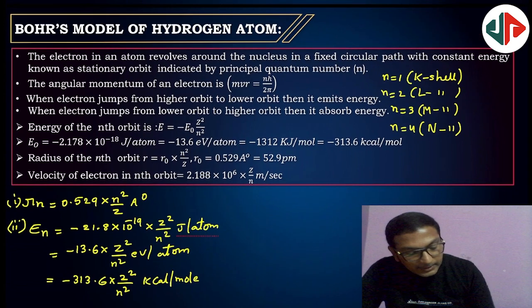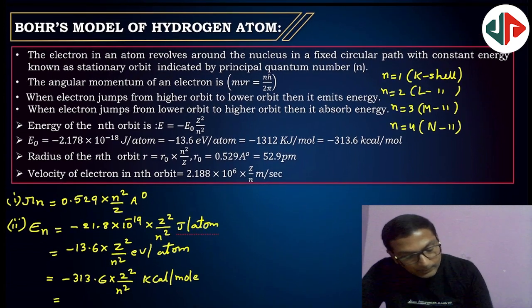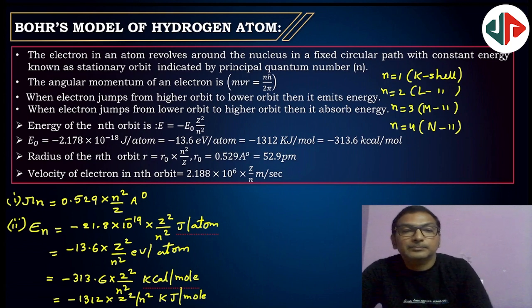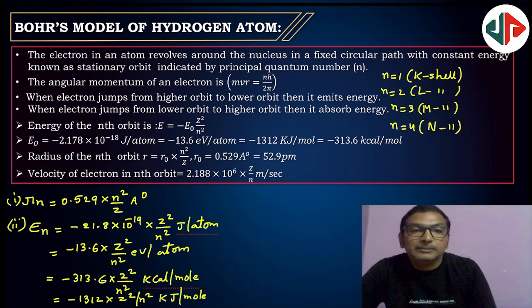And the last formula, minus 1312 into Z square by n square kilojoules per mole. So Z square by n square is constant. In all the formulas, Z square by n square is constant. Z is different for different elements, n is different for different orbits.